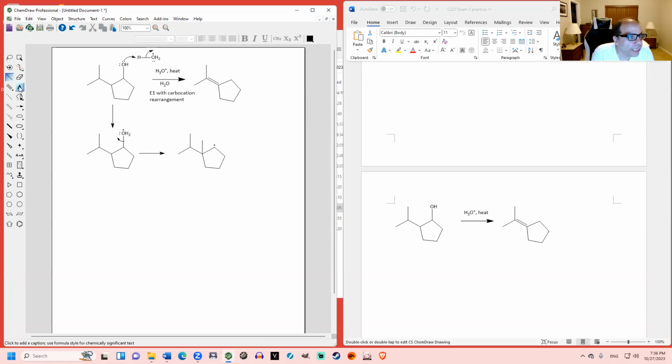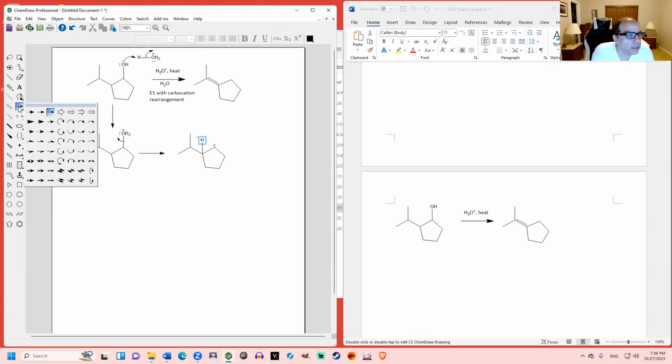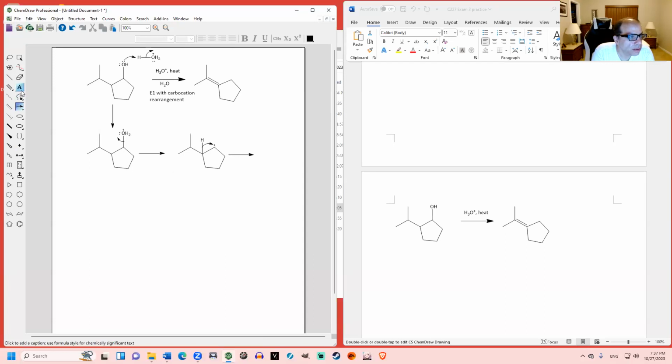This can now rearrange. It undergoes a 1,2 hydride shift. The hydrogen moves with its electron pair from next door over to that carbon. That's another 1,2 hydride shift.